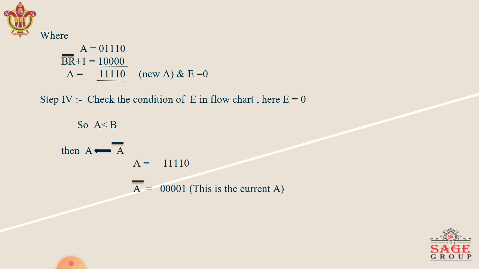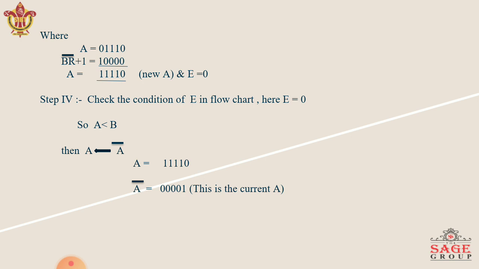Now, according to the flow chart, check the condition of E in the flow chart. Here E equal to 0. So E equal to 0 means A is less than B. In that condition, just complement the value of A and store it in A. So what is the new value of A?